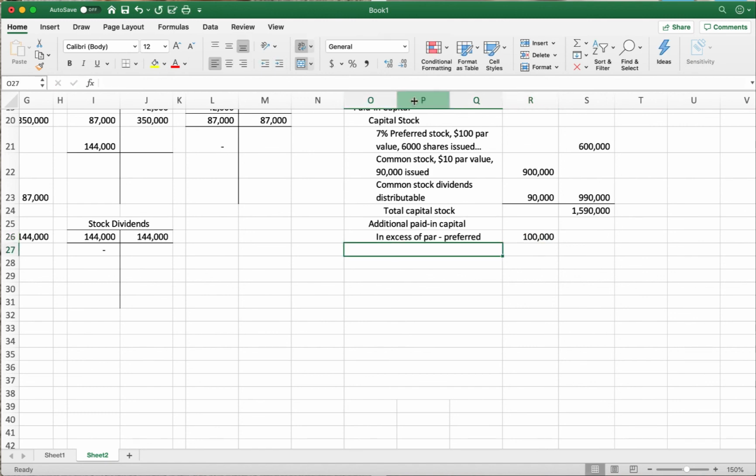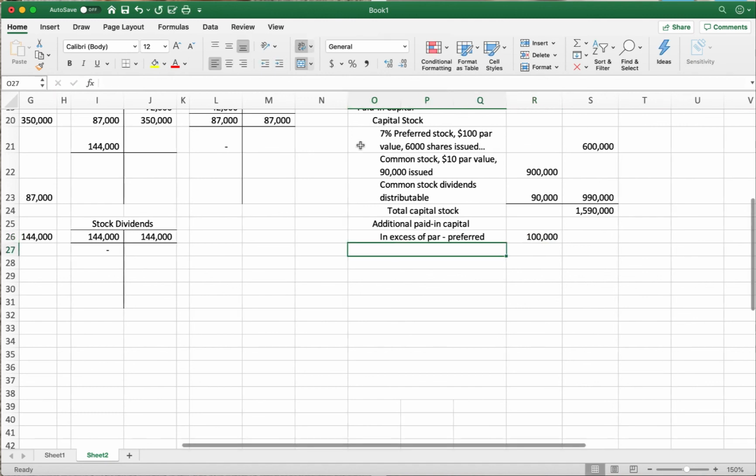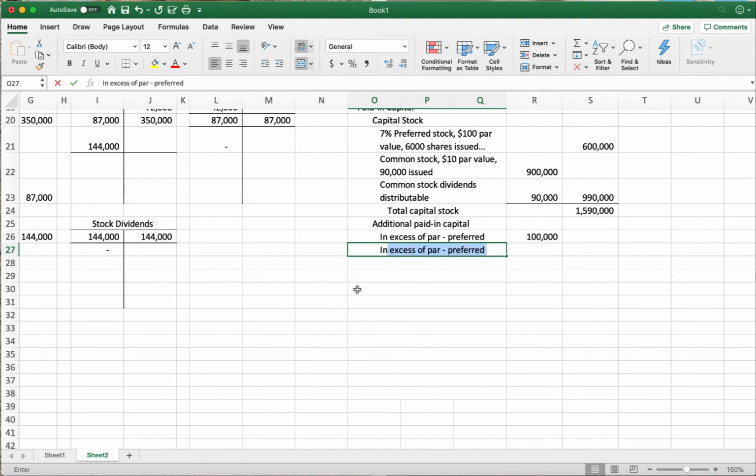And I also have the in excess of par common stock. So I'm going to say 1, 2, 3, 4, in excess of par common. And the account balance on that is $254,000. I can now add these up.